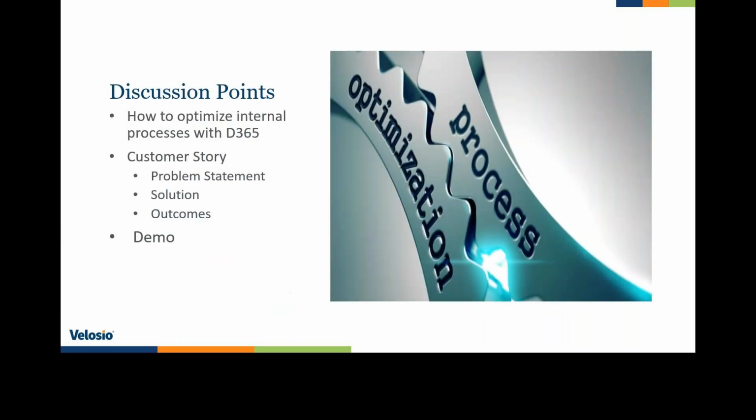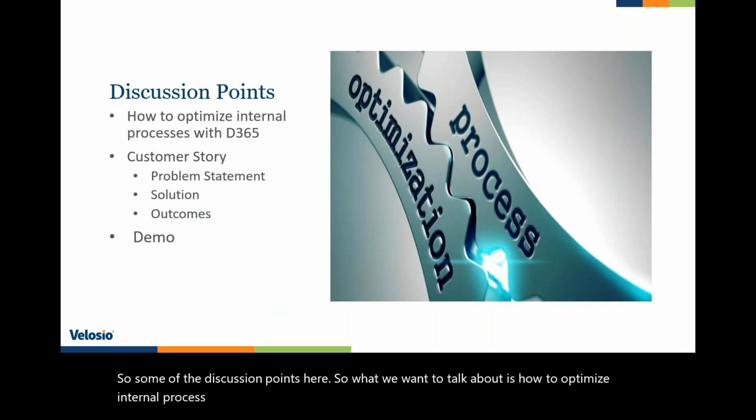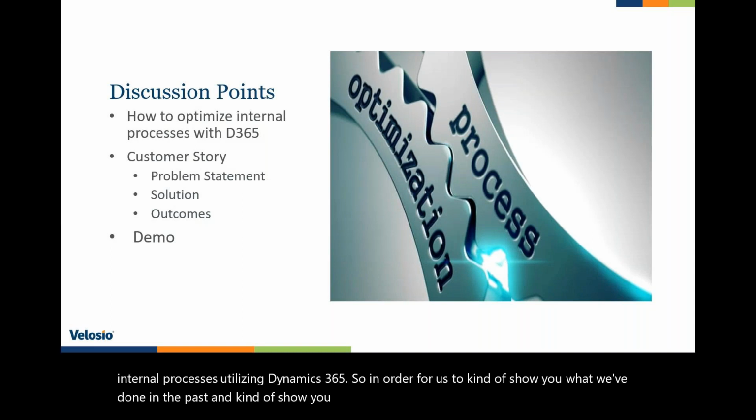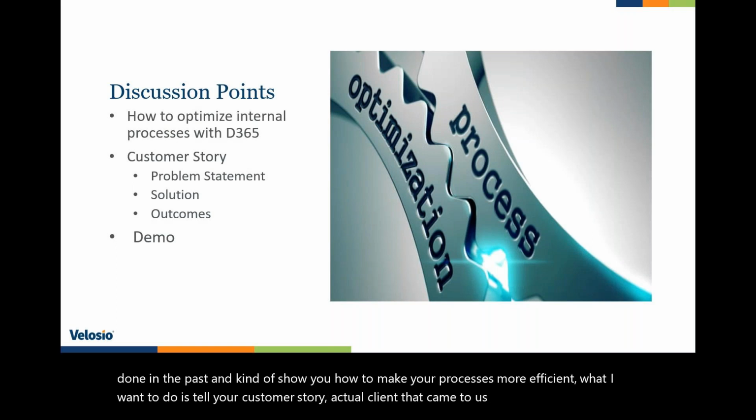Thanks, Bill. All right, so some of the discussion points here. What we want to talk about is how to optimize internal processes utilizing Dynamics 365. So in order for us to show you what we've done in the past and show you how to make your processes more efficient, I want to tell you a customer story, an actual client that came to us with a problem.